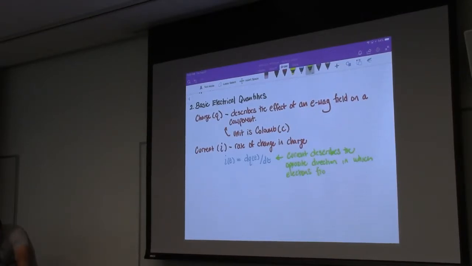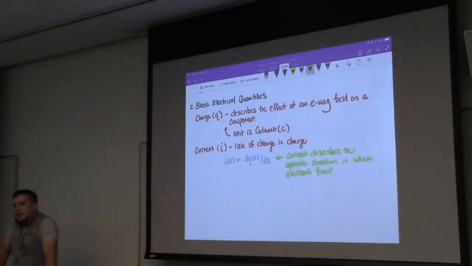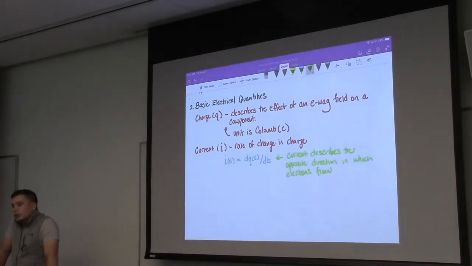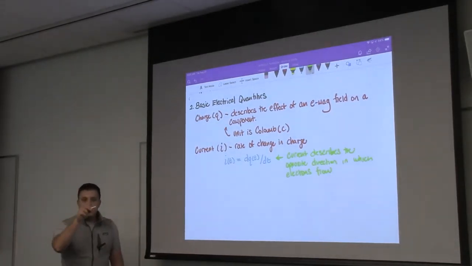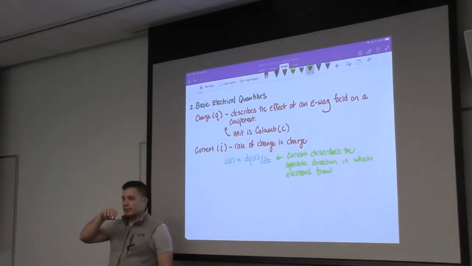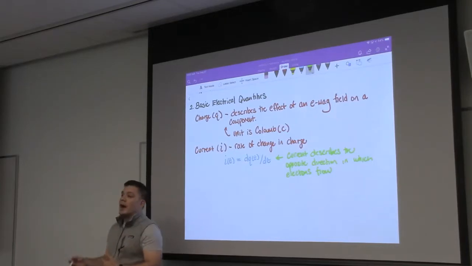This has to do with the way this standard was set back in the day, whenever that was. I don't know off the top of my head, but there was a lack of understanding over what exactly an electron was. So current actually describes the flow of positive particles. If you were to actually think about the flow of electrons, the direction would be opposite of what the current is.